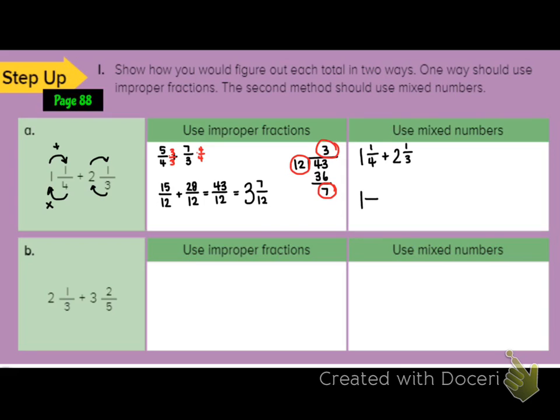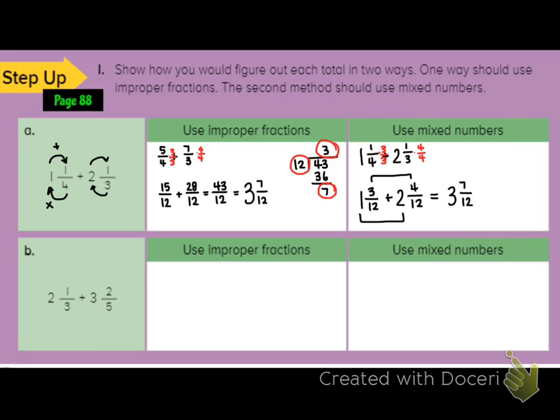It's still going to be 12, so I write them as 1 and something over 12, plus 2 and something over 12. 4 times 3 was 12, so 1 times 3 is 3. 3 times 4 is 12, so 1 times 4 is 4. Now when you add these, you add your whole numbers, which is 3, and then add your numerators, which is 7 out of 12. And you reach that answer right away. You know that your problem is right because both of the problems turned out to be 3 7/12.